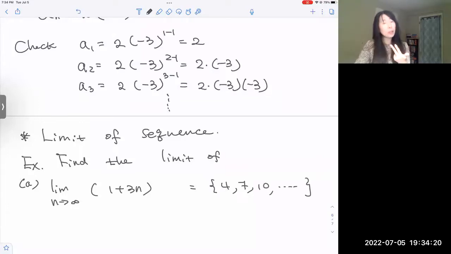What do you think about this one then? When n approaches positive infinity, what's the limit of this sequence? Positive infinity, because the number is getting bigger, right? Can you see that?